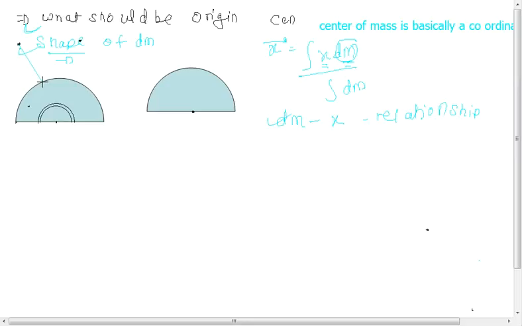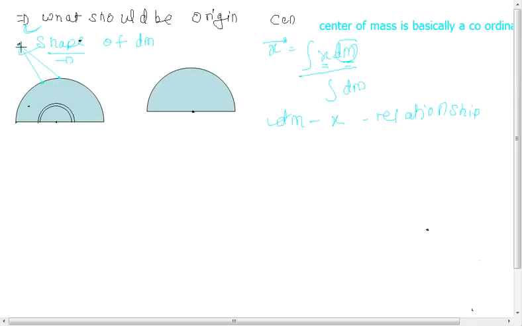If this point is the mass, I have to find this coordinate, and this line will help in finding this coordinate. Then we have to find out this mass.